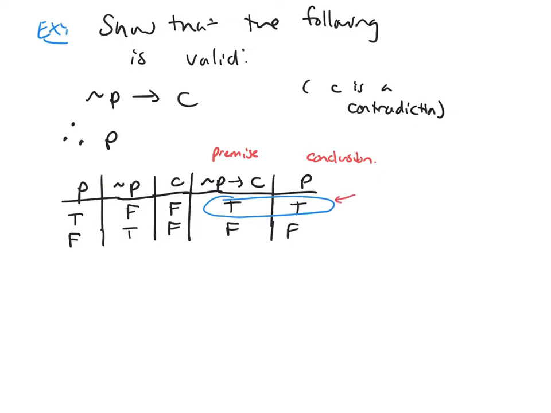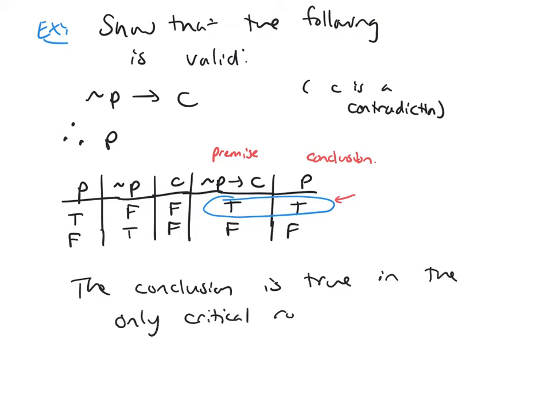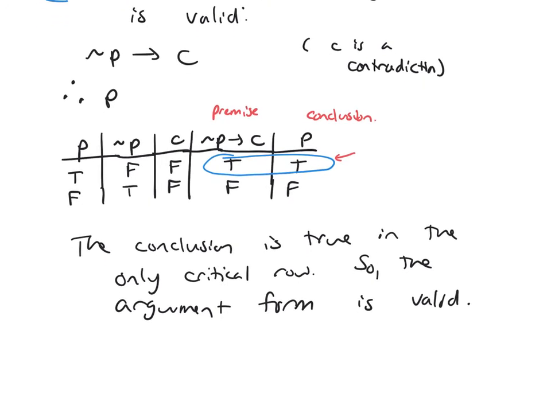And so I can say, because the conclusion is true in the only critical row, I can say the argument form is valid. So we just showed that the contradiction rule holds.